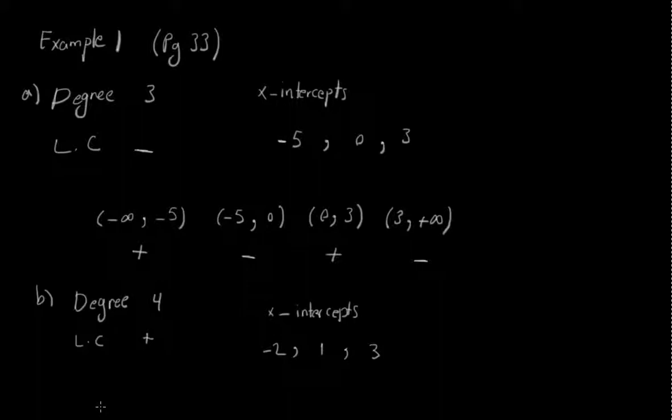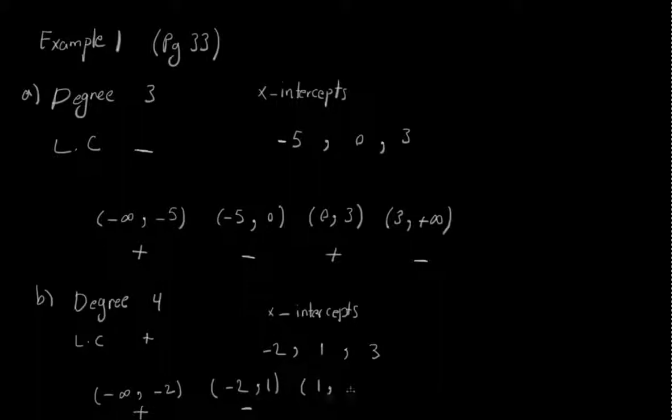The intervals where the function is positive and where it's negative: from negative infinity to our first x-intercept, which is -2, the function is positive. From -2 to 1, it's negative.